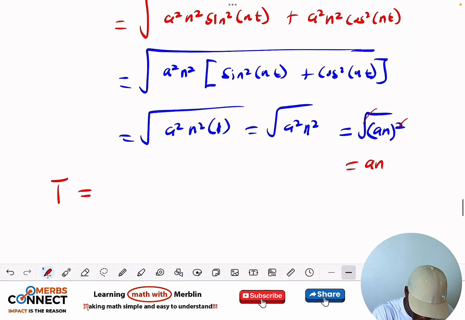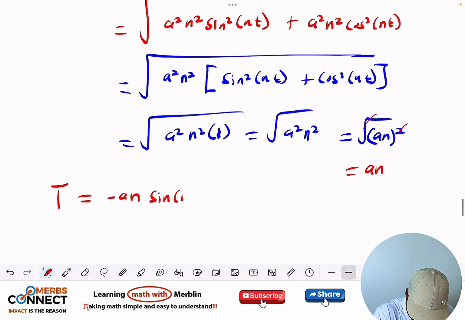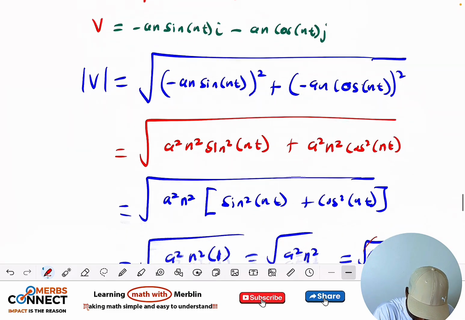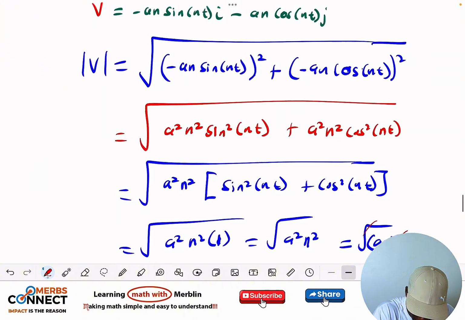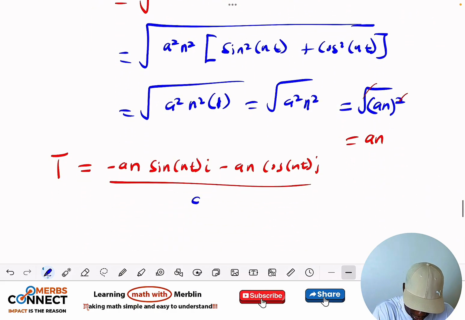So I'm going to have minus an sine nt i, and then minus an cos nt j, divided by the magnitude, which is an.